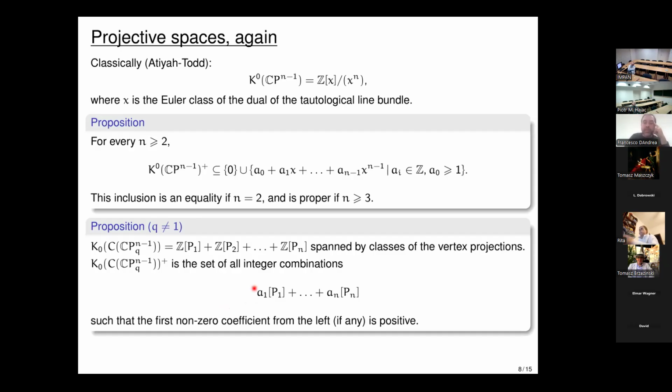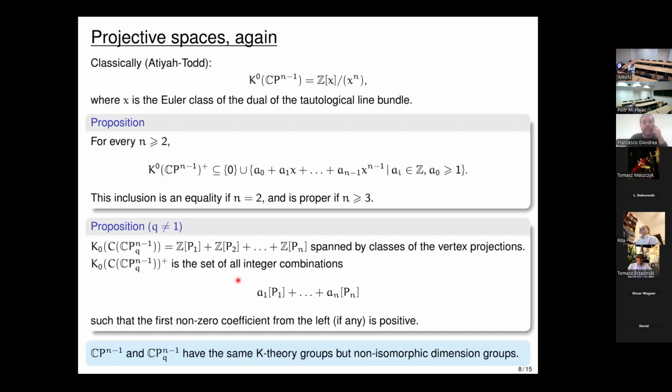And with these two propositions, a corollary is that you can prove that the dimension groups of CPN and of CPNQ are not isomorphic. So K0 in both cases, as an abelian group, is Z to the power n. So CPN-1 and CPN-1Q have isomorphic K0 groups, but non-isomorphic dimension groups.